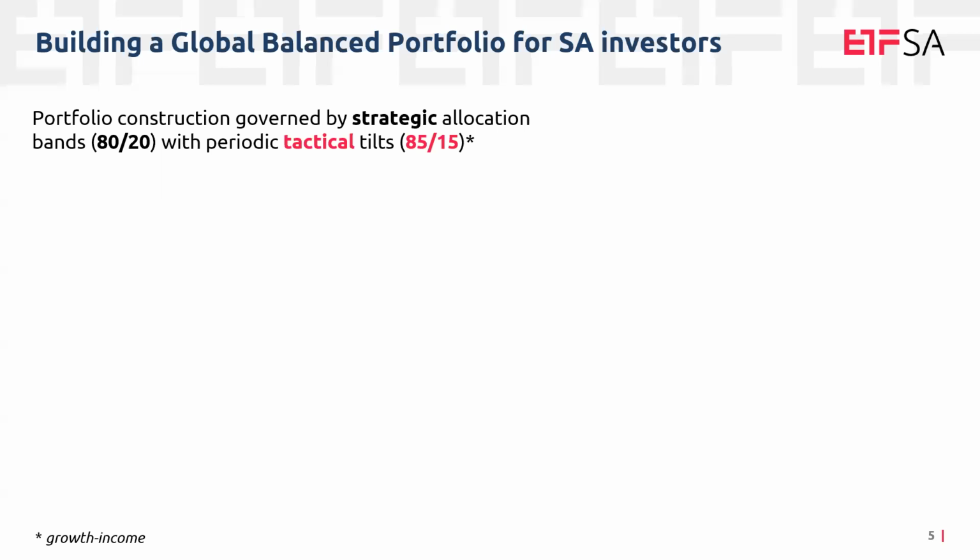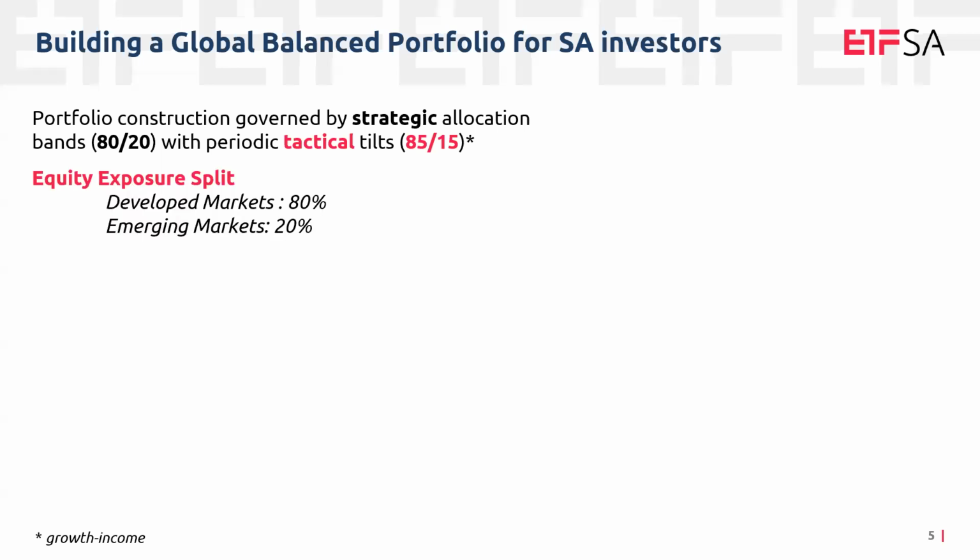Coming back then to the argument around the equity exposure split, we're going to go for an 80% developed market, 20% emerging market split. And so we can continue to drill down in our portfolio construction process and say, okay, within our developed equity market, how are we going to look at our split?